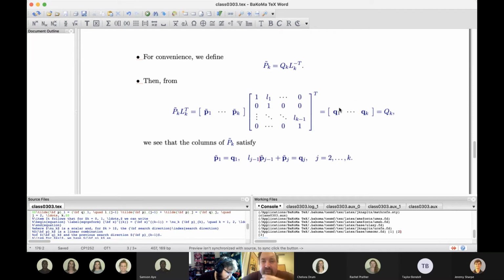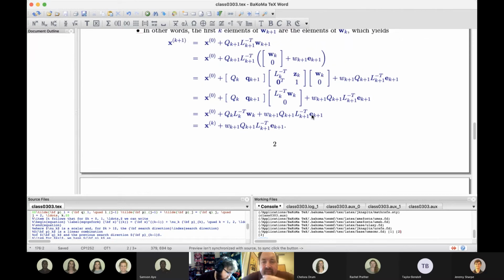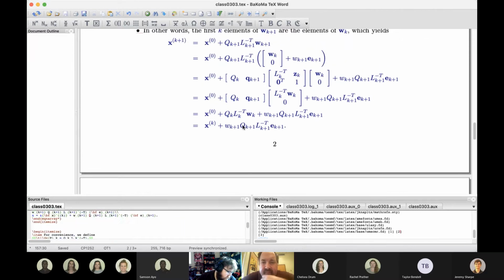One thing I want to point out, though, if I go back to my iterates now, what am I doing? I'm taking this matrix and multiplying by e_{k+1}. That gives me the last column.